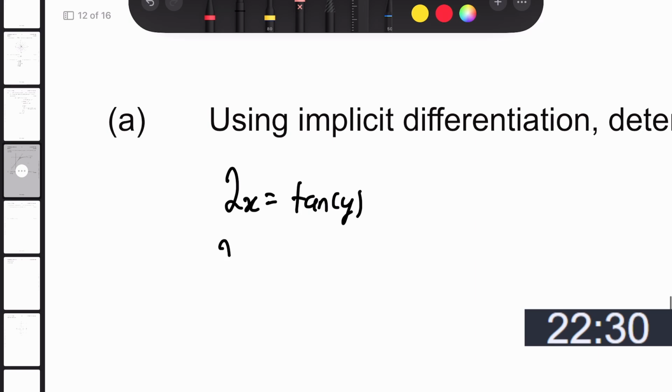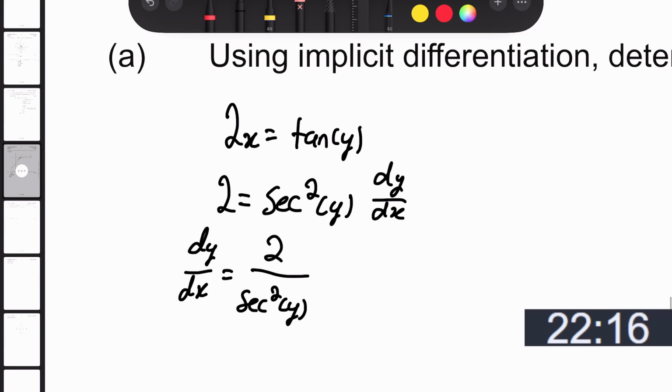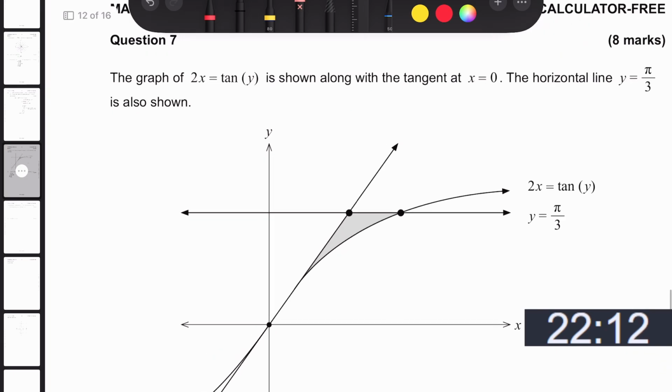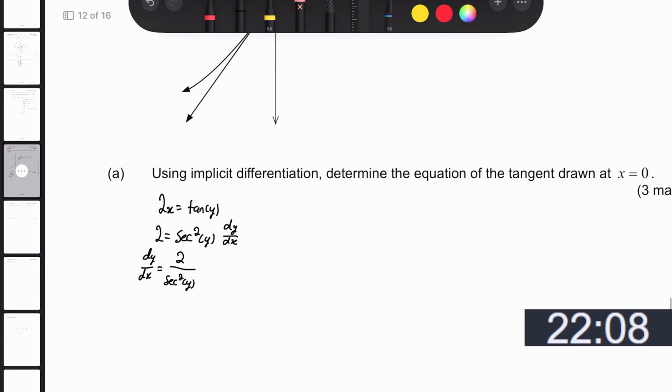So then if we differentiate, this is going to be 2 is equal to secant squared of y dy dx. So then dy dx is equal to 2 on secant squared of y. And when x is equal to 0, y is equal to 0.